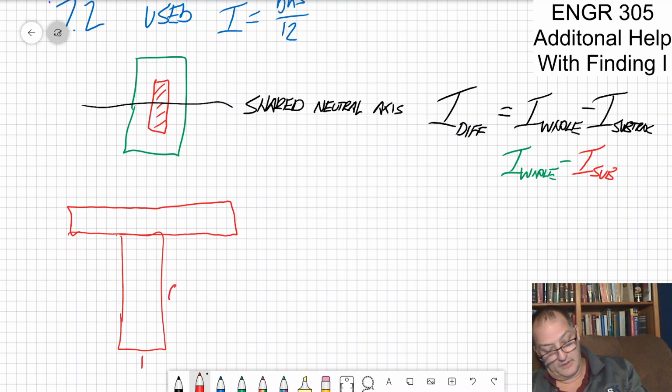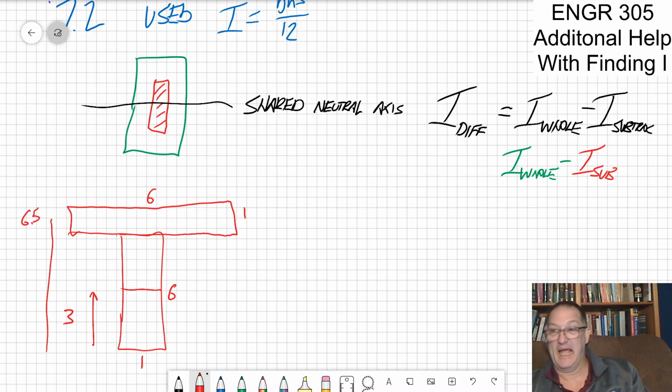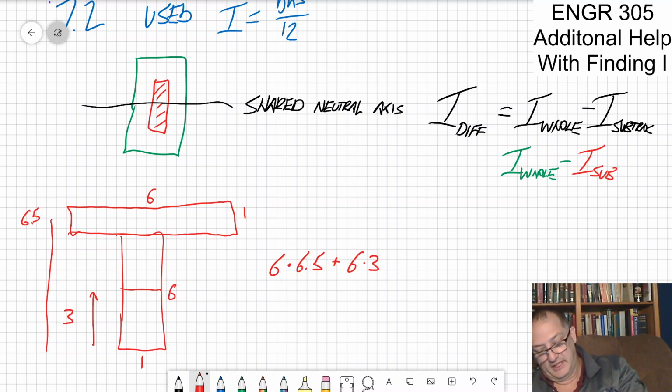If this is a 1 by 6 and a 1 by 6, the centroid of this is 3 inches up, and the centroid of this is 6.5 inches up. If you recall from calculus, it's a weighted average: 6 times 6.5, plus 6 times 3, all divided by the total area, which is 12.